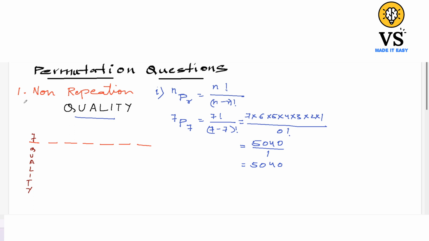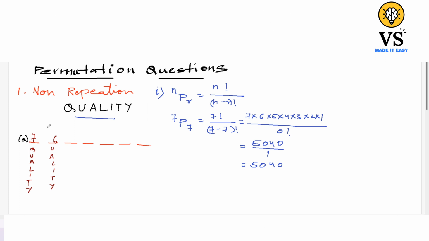Imagine that we have placed Q in the first place. Now how many letters are remaining with us? U, A, L, I, T, Y. It means in the second place, totally 6 letters can satisfy, one among the 6 letters, whatever it is.